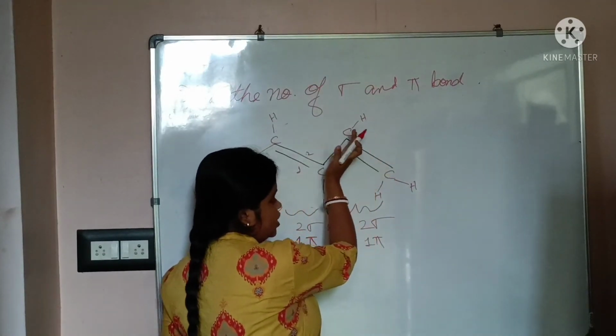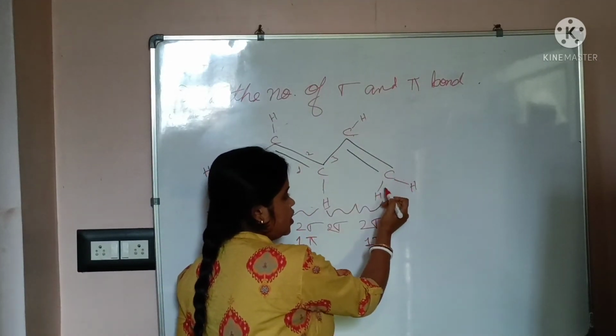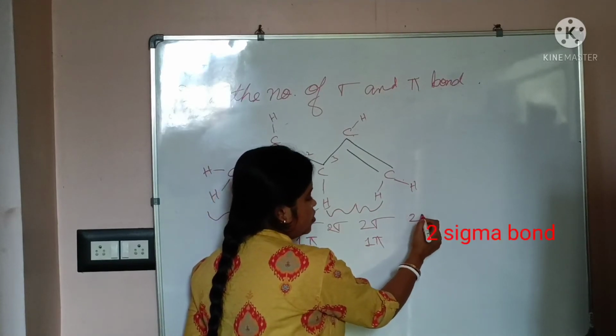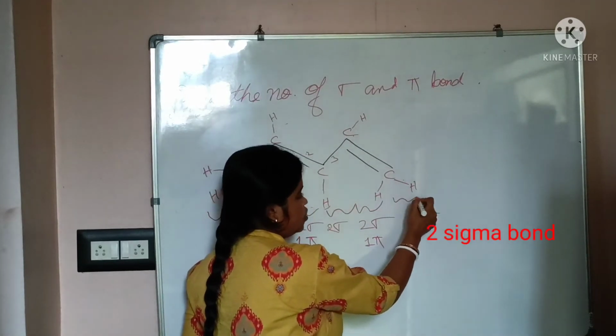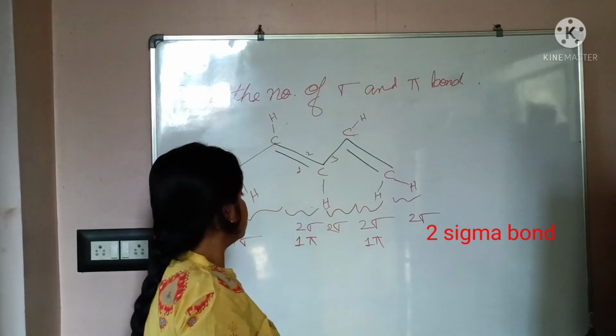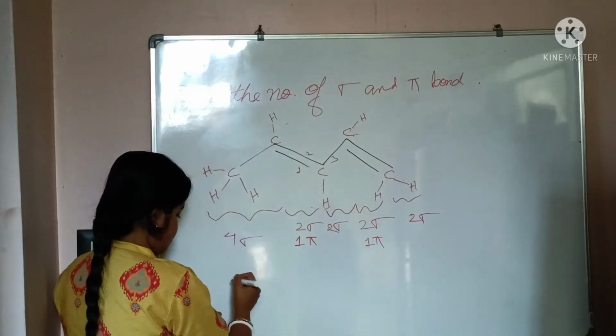And for this carbon, we have already taken this portion. So in this portion we have 2 pi bonds. Isn't it? 2 pi bonds we have.